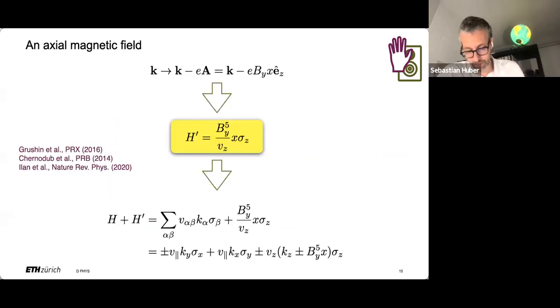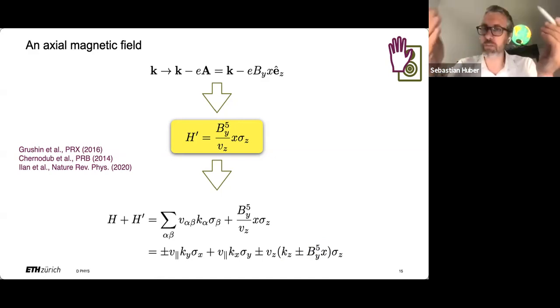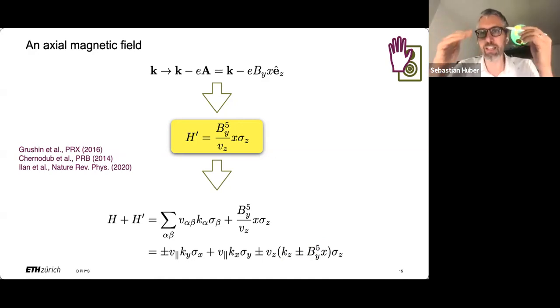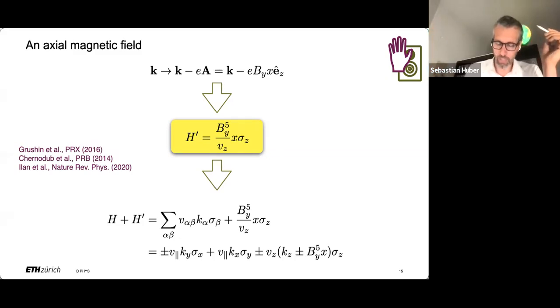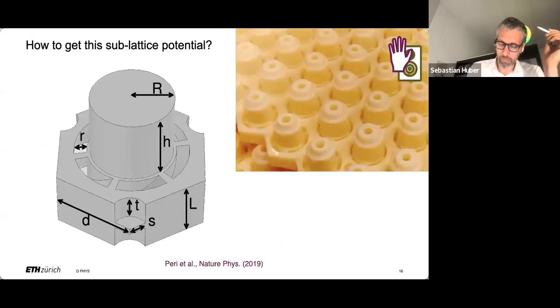In other words, I have a field that looks like a magnetic field, but the sign is different depending on the chirality of the Weyl node. And that's what we call an axial field. And that's what has been discussed at length in the electronic systems. But for us, it's nice that we can mimic something that looks like a magnetic field. It's just a magnetic field that depends on which Weyl point you are in. But that's something we can do.